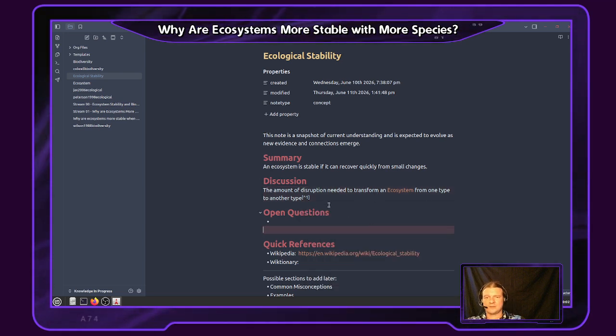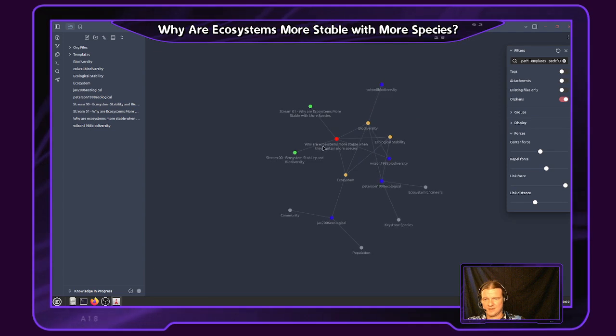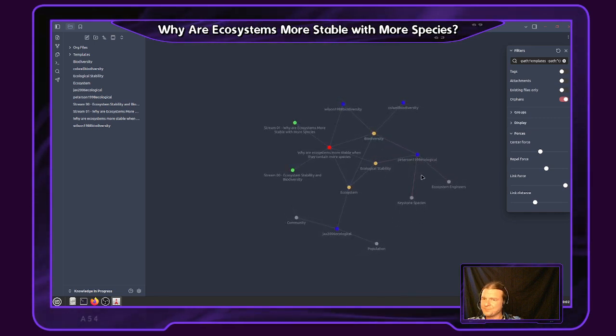Okay, so let's have a look at what has happened to our vault real quick. Let's open up the graph view. So we'll see we've got a lot more nodes in here. These gray nodes are nodes that we've linked to that we don't have notes for yet, so they don't exist yet. We have a couple more sources. Let's drag some stuff around here just for clarity.